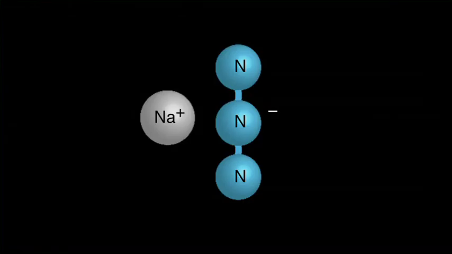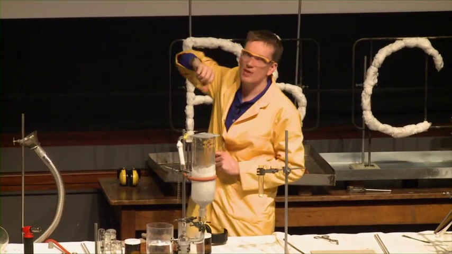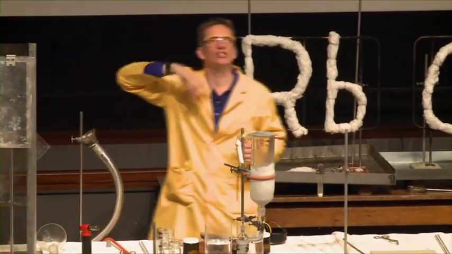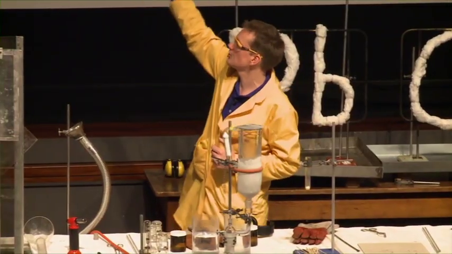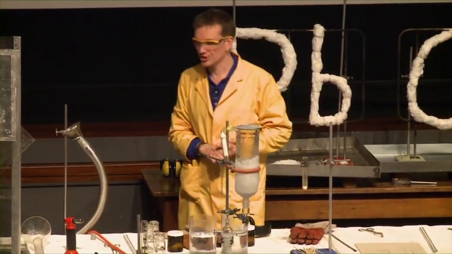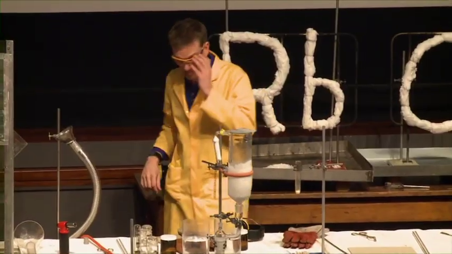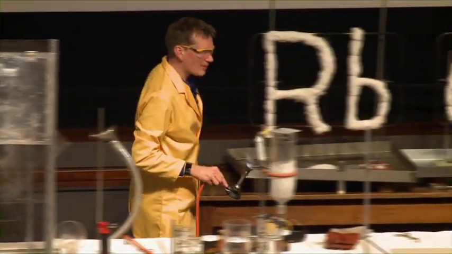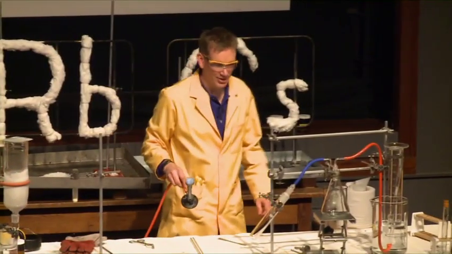So this is the structure there. The 3 nitrogens are all in a row, so there's a unit of 3 nitrogens with 1 overall negative charge, and the sodium, as usual, has lost its electron. It's given it to the nitrogens there to form a positive ion, sodium plus. Sodium azide.